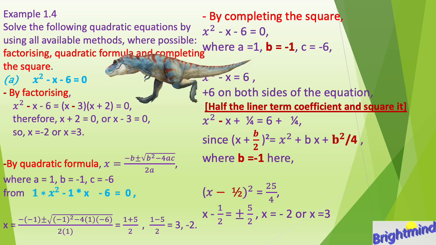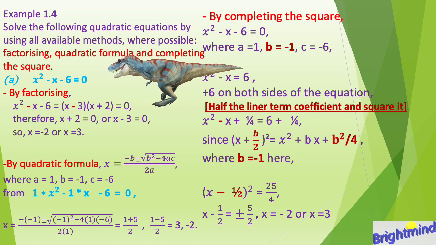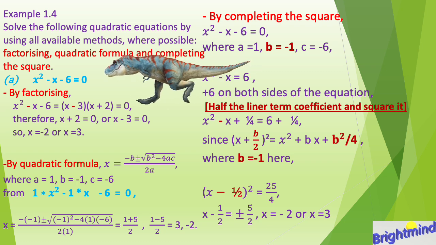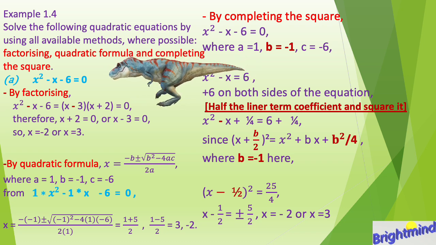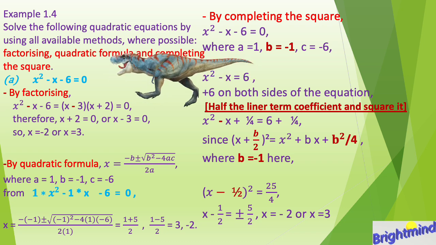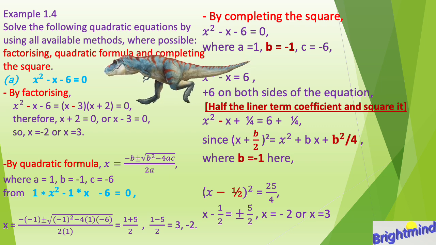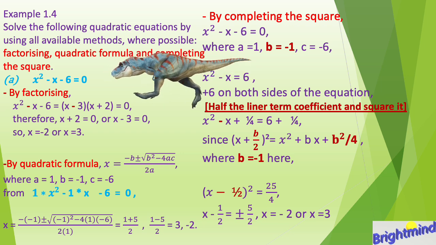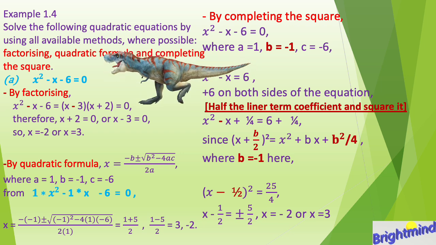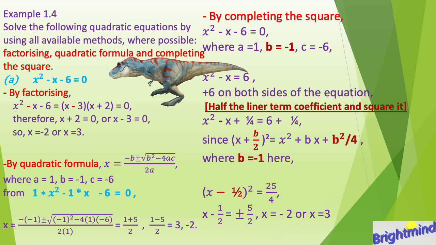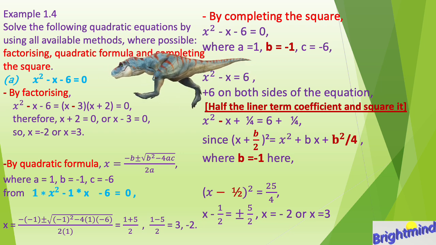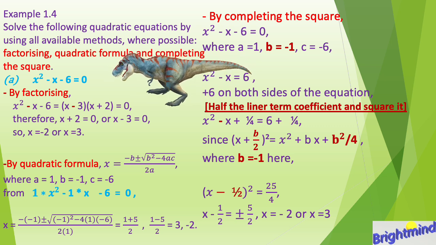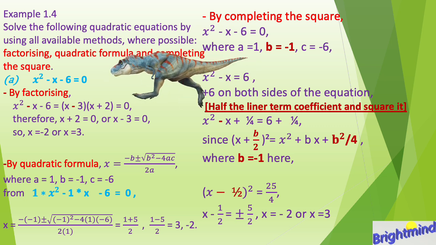Now the linear term coefficient is negative 1. So half the linear term coefficient and square it. Half of negative 1 is negative a half, and squaring negative a half gives a quarter. So you can add a quarter on the left-hand side of x squared minus x equals 6.